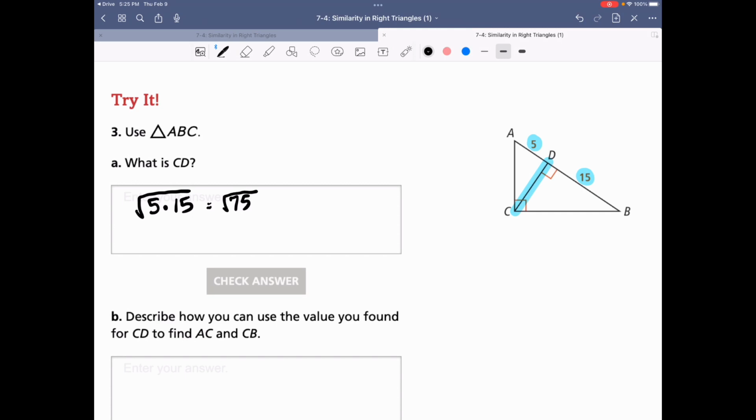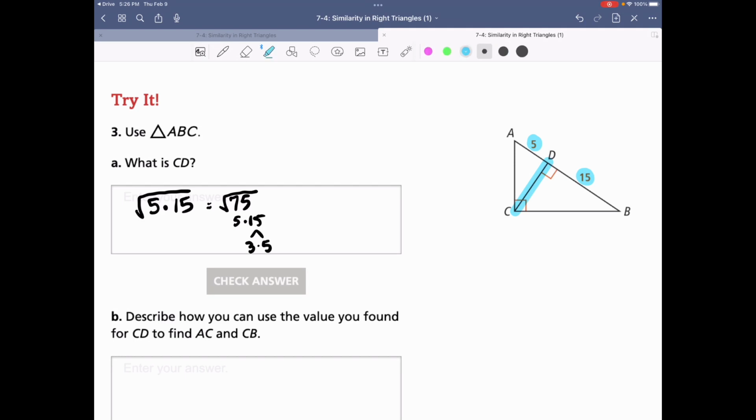There is no perfect square root of 75. So I'm going to teach you how to break that square root up into its prime factors. We know it's 5 times 15, because we just got that, and the factors of 15 are 3 and 5.